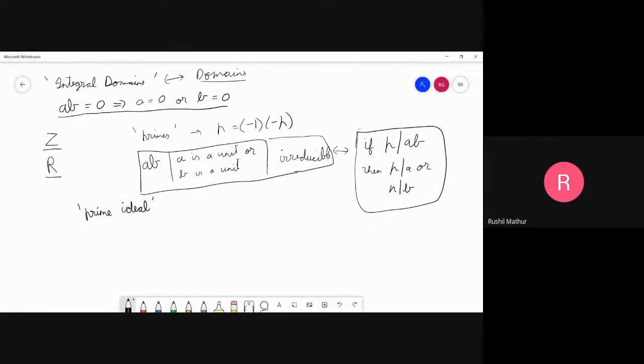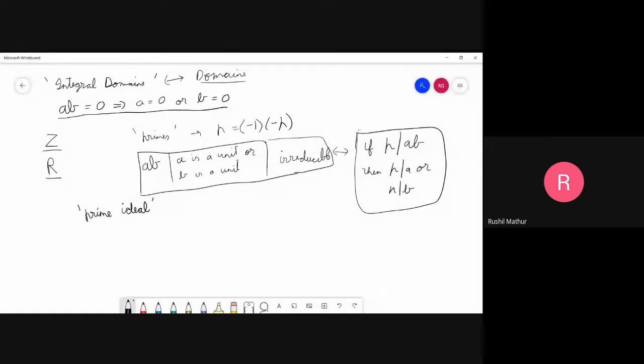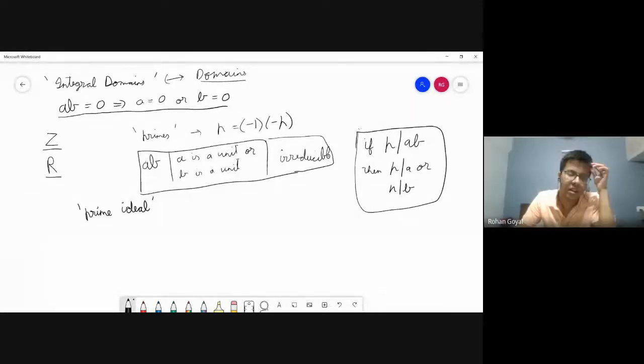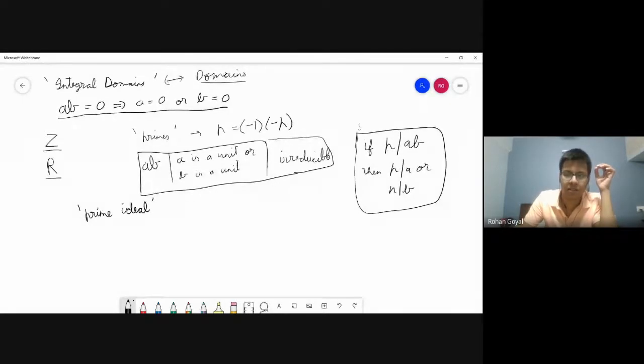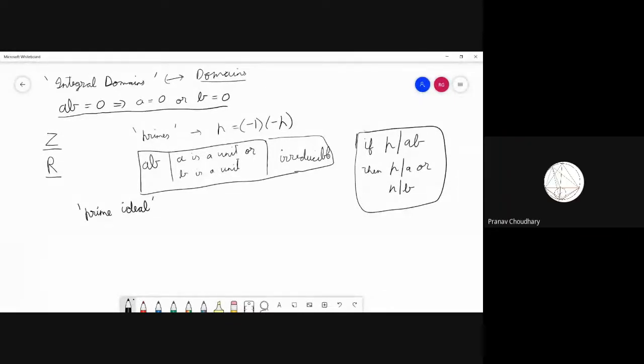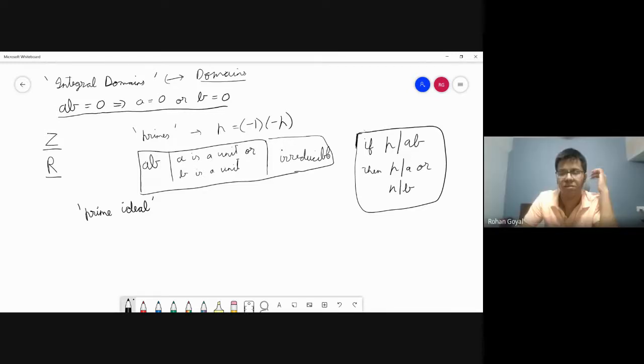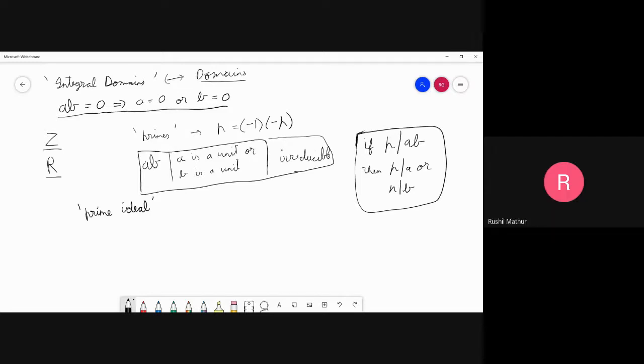How is divisibility defined in the reals? In the reals, everything is a unit, so it doesn't really matter. You can divide as well. So every element is divisible by the other, yeah? That's perfectly fine. In reals, there's nothing to say. But in Z/PZ, how do you define divisibility?